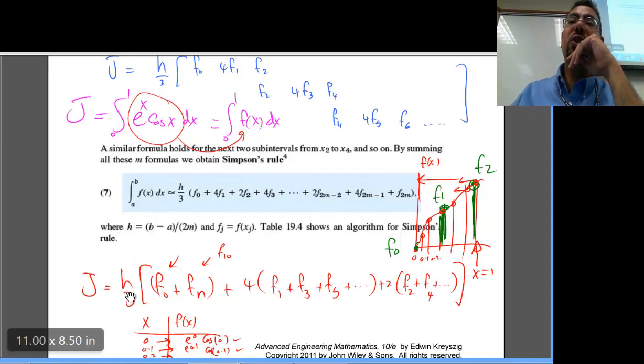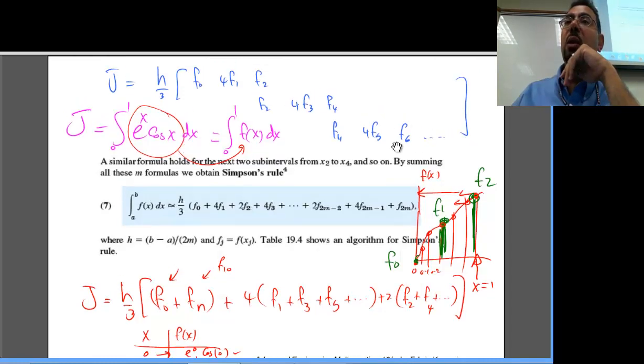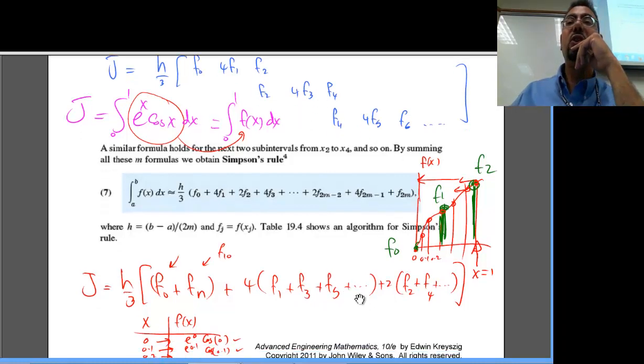You still get h over 3. You get the first one and the last one, f0 and the last one. But then you get 4 of all the odd ones, 4 times f1 plus f3 plus f5, and you get 2 of all the even ones, so 2 times f2 plus f4 plus so on.